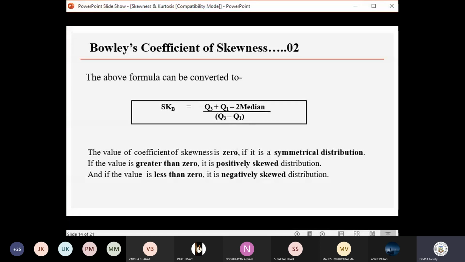You will have one continuous case or one discrete case where you need to find out Q1, Q2, Q3, and then use this formula to calculate. So for whatever questions we have solved related to quartile, you can use that particular question and find out the Bowley's coefficient for that.